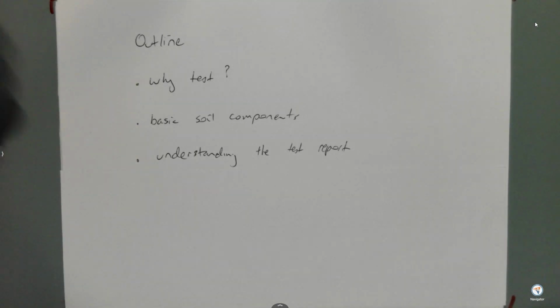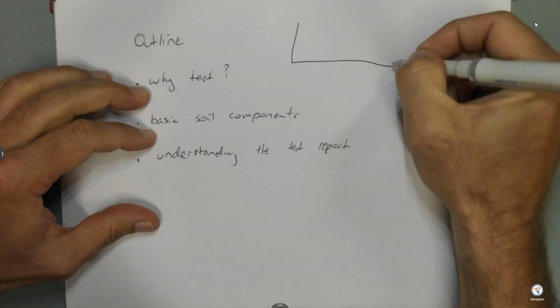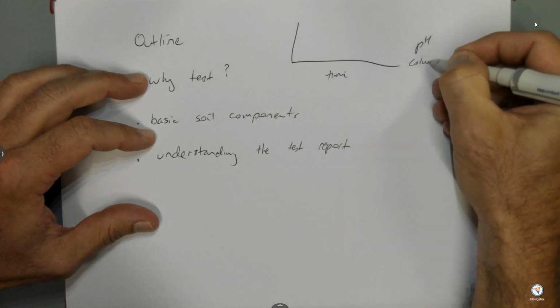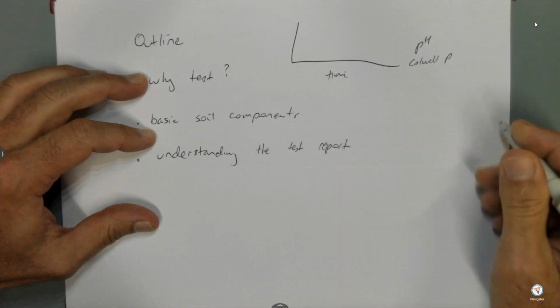One is to monitor the soil condition, that is the impact of our management. And for that, the standard sort of 0 to 10 soil sampling probably does a reasonable job, basically looking at things like pH or Colwell P or available P through time.